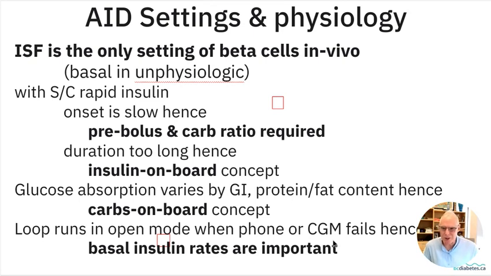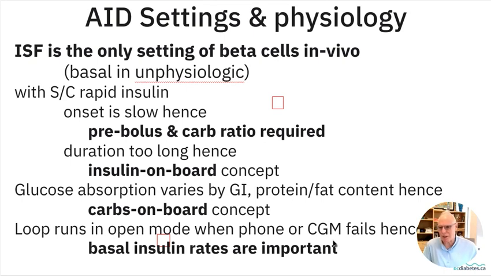The rapid insulins have too long a duration, so we need the concept of insulin on board: how much insulin is on board at any moment, given that the average rapid insulin doesn't disappear for around 6 hours? Glucose absorption varies by glycemic index and by protein and fat content. Hence, we have a carbs on board concept. If you're going to have insulin on board and it's more than a tiny bit, you better have carbs on board, otherwise you're going low.